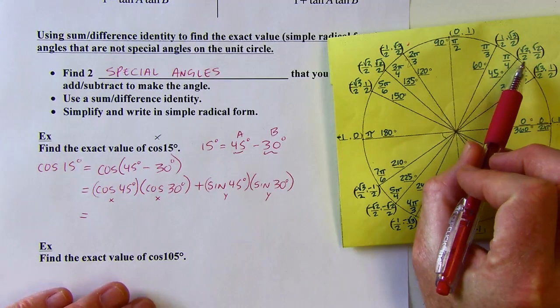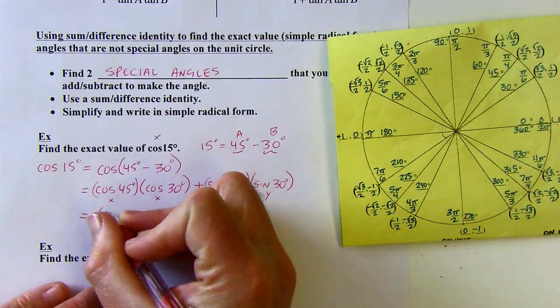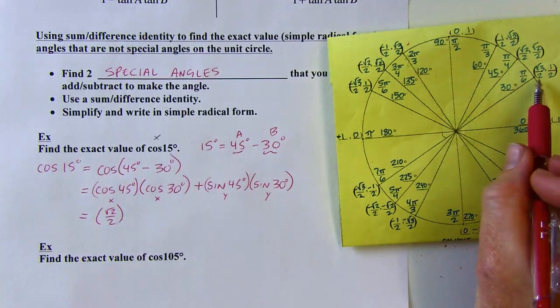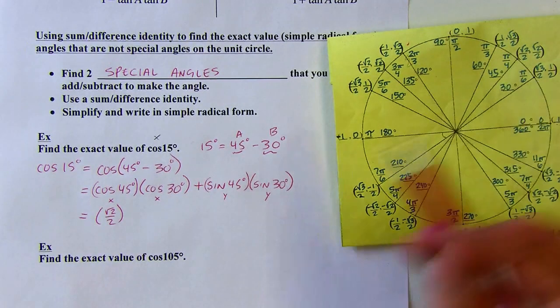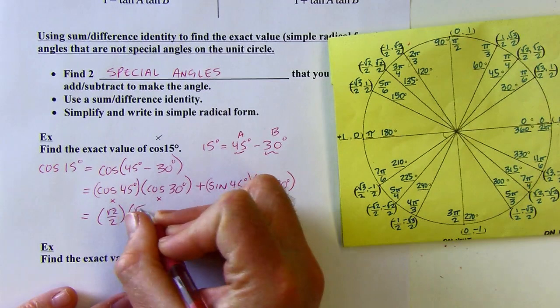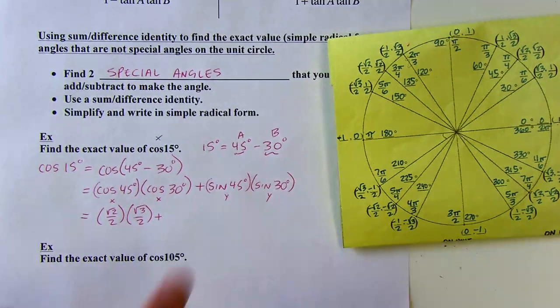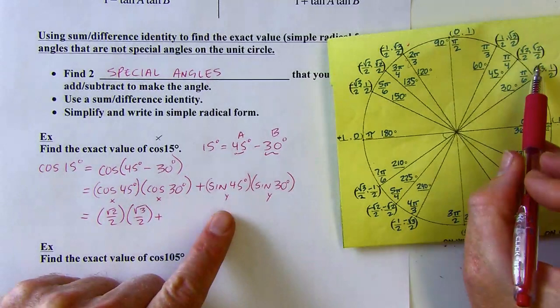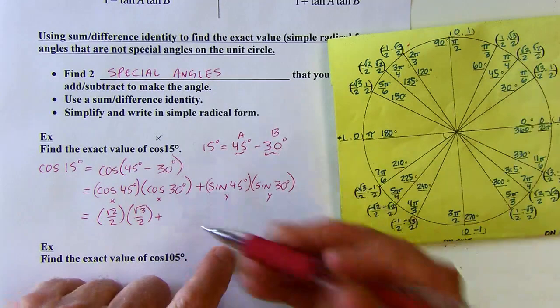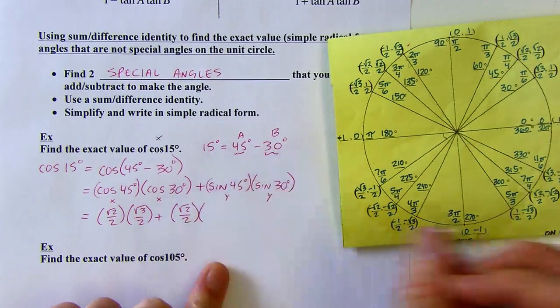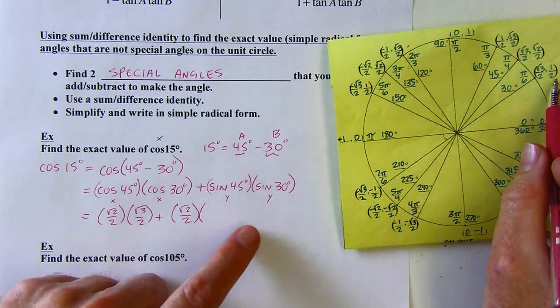That's the x value right there, right? And at 30 degrees, the x value is root 3 over 2. Then at 45 degrees, I'm looking at my y value now, which is root 2 over 2 again. And at 30 degrees, the y value is 1/2.